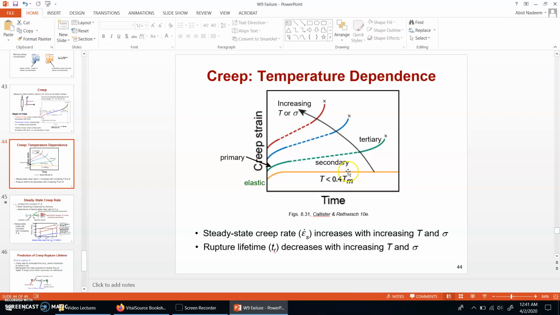That means for temperatures above this limit, there is an appreciable increase in the creep strain. As the temperature for the specimen increases, the creep strains also keep on increasing. So the slopes for the strain versus time keep increasing.